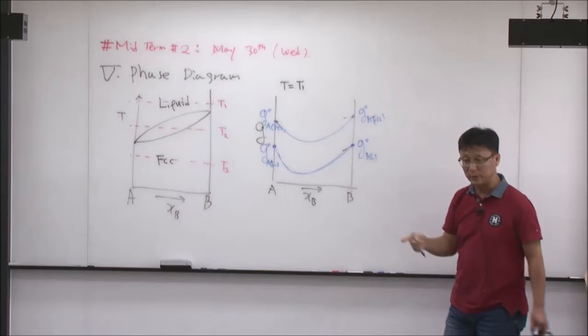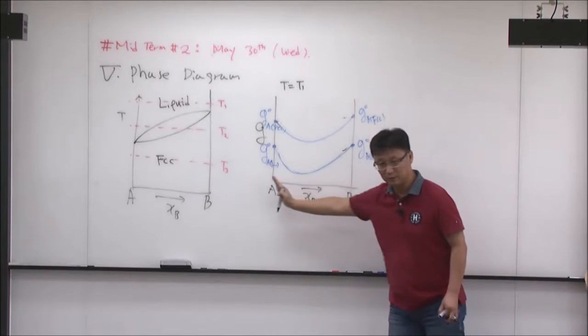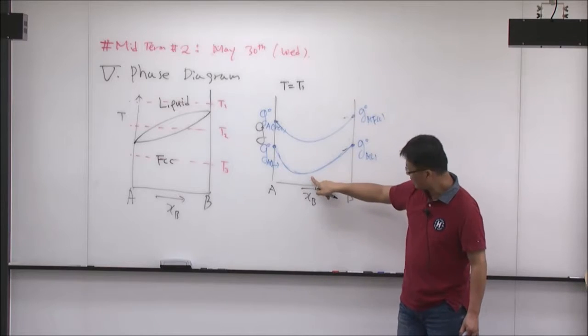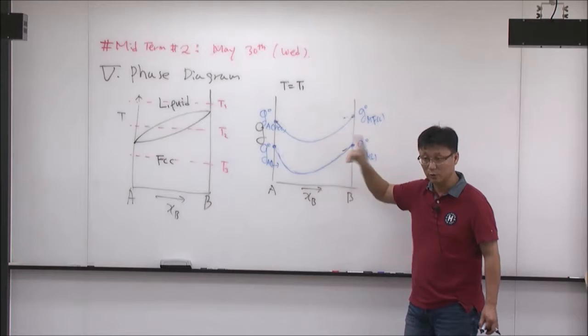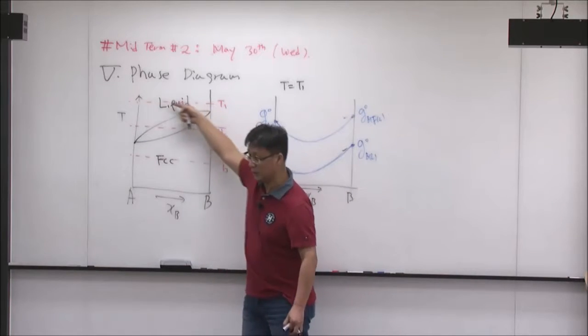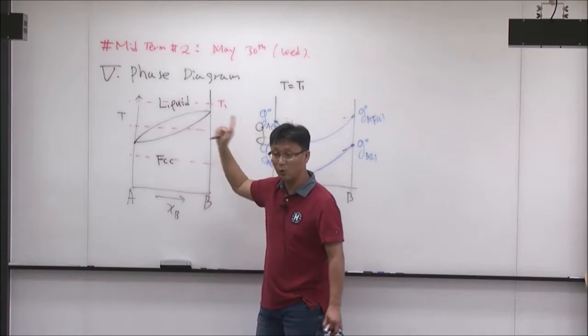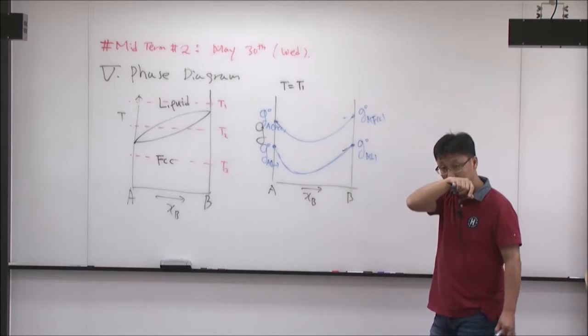And the only thing you have to be very careful about here is, among this entire composition range, the liquid Gibbs energy should be lower than the solid Gibbs energy. That's the only condition, because if you look at this entire composition range at this temperature, liquid is always more stable than the solid. There's no solid phase appearing.